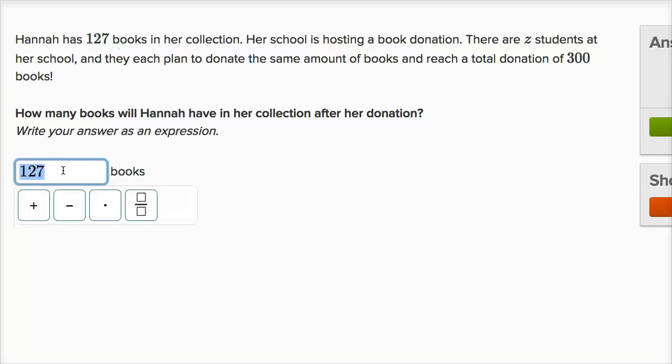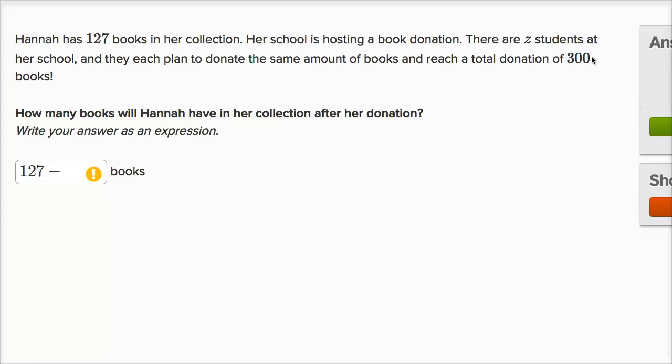Then she's going to donate some of those books to her school, and we have to figure out how much she is going to donate to her school. And we see that the Z students plan on together, and they each want to donate the same number of books, and together they're going to donate 300 books. So how much is each student going to donate?